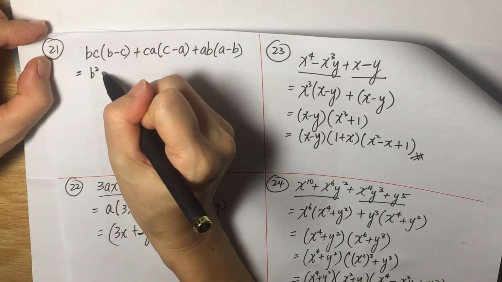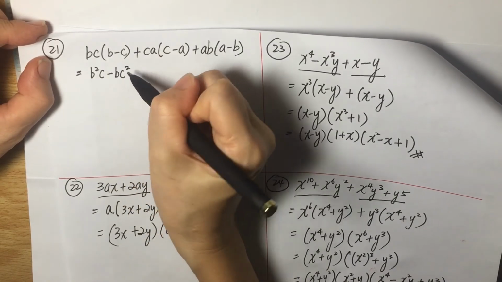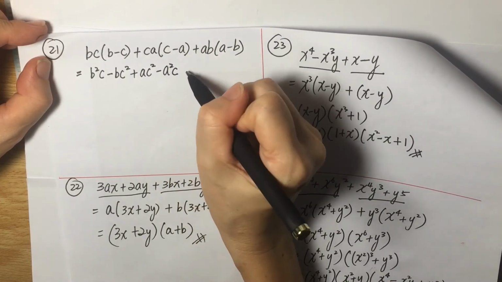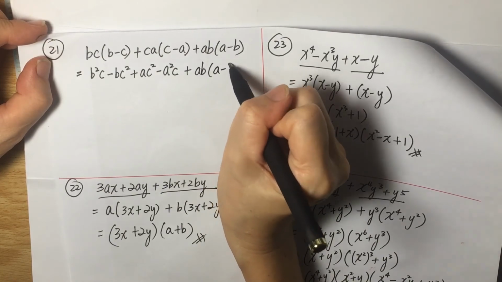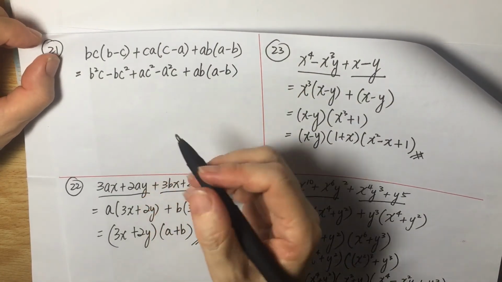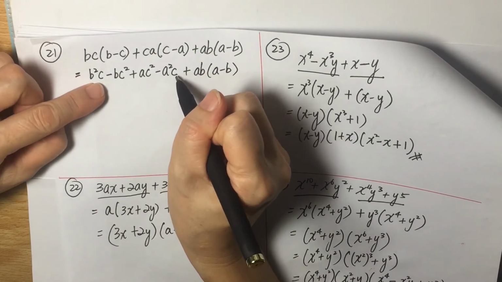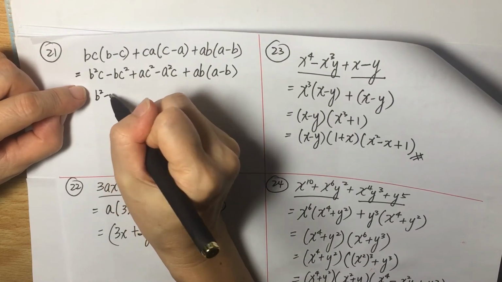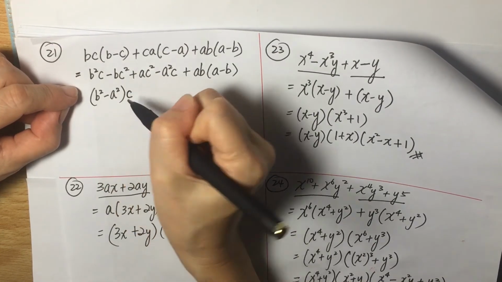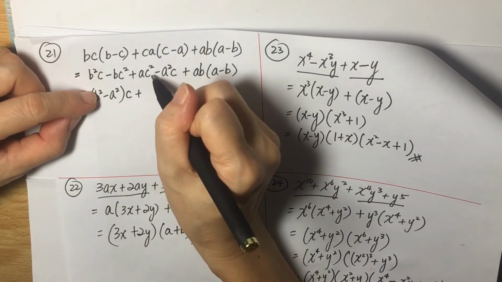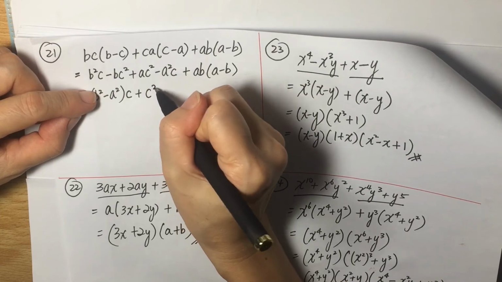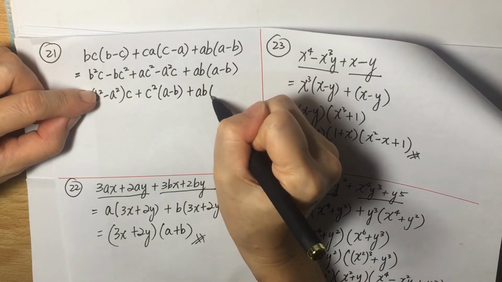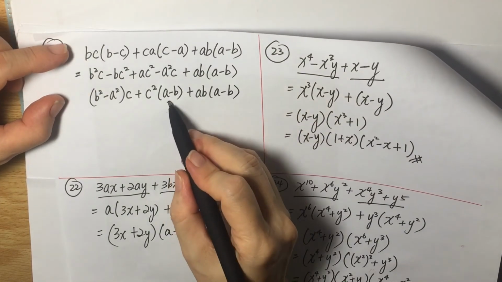So I have AB squared C minus BC squared plus AC squared minus A squared C, and then plus AB times A minus B. So I'm going to group the term of C with the term of C. I'm actually getting B squared minus A squared times C. And then I'm going to group these two of C together, so C squared, and then I'm going to get A minus B. Can you see that I'm trying to make A minus B the common factor?